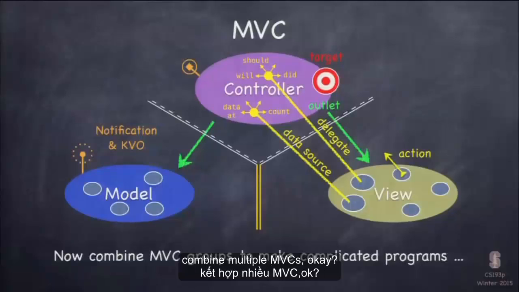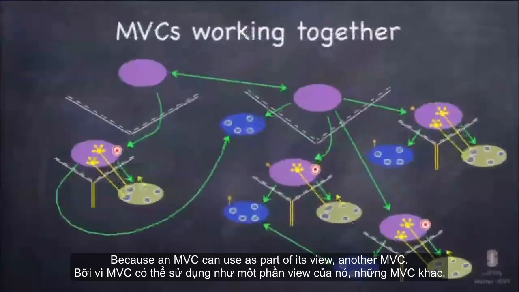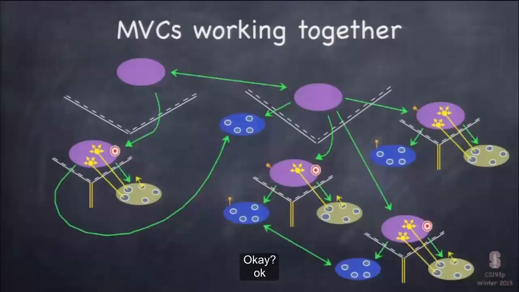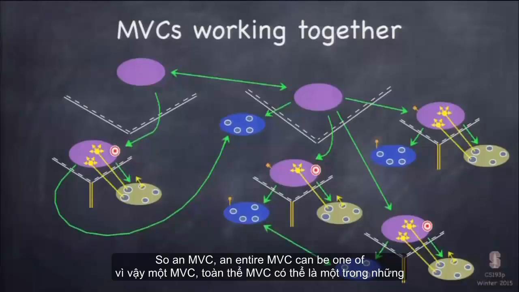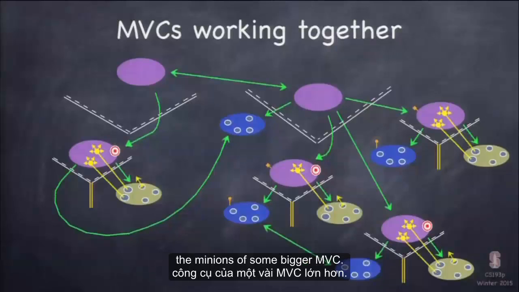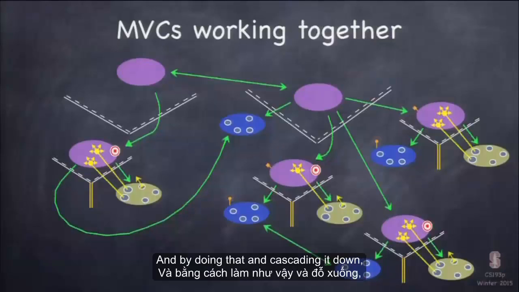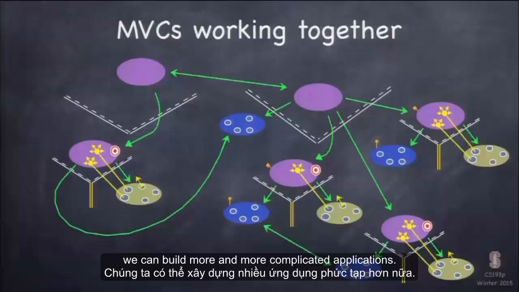Well, we're essentially going to combine multiple MVCs, because an MVC can use as part of its view another MVC. So an entire MVC can be one of the minions of some bigger MVC. And by doing that and cascading it down, we can build more and more complicated applications.